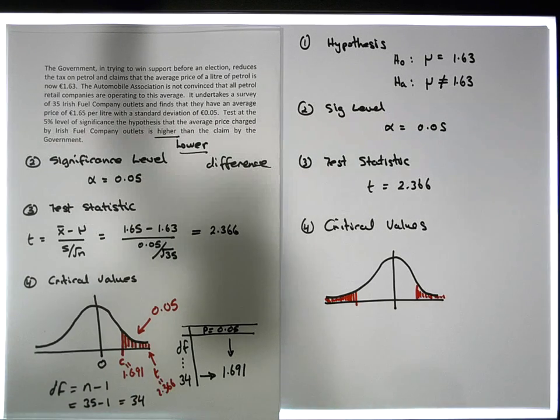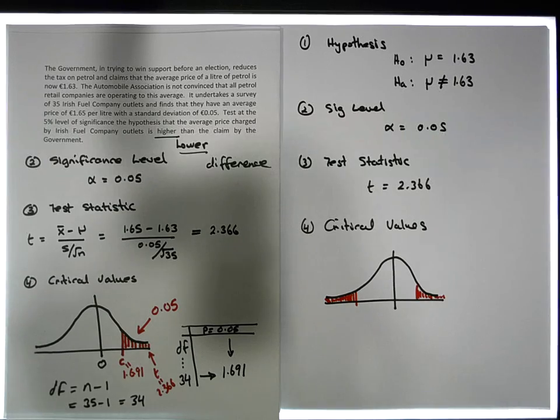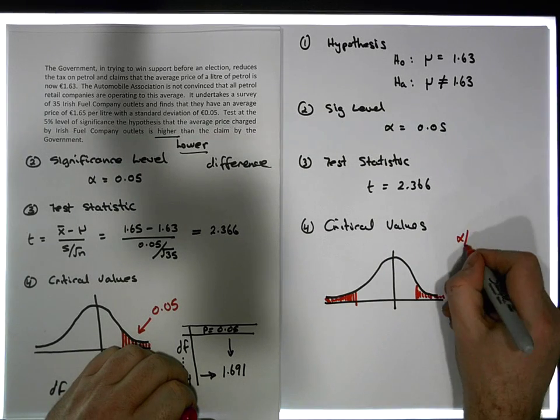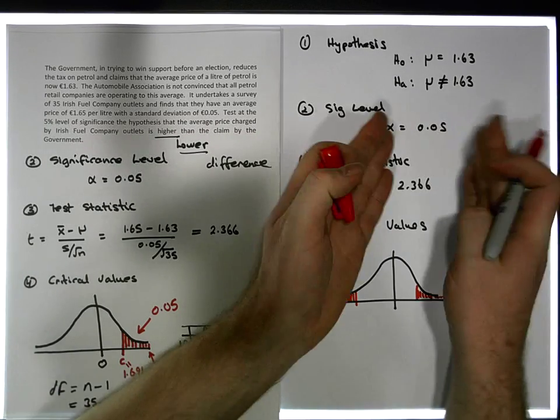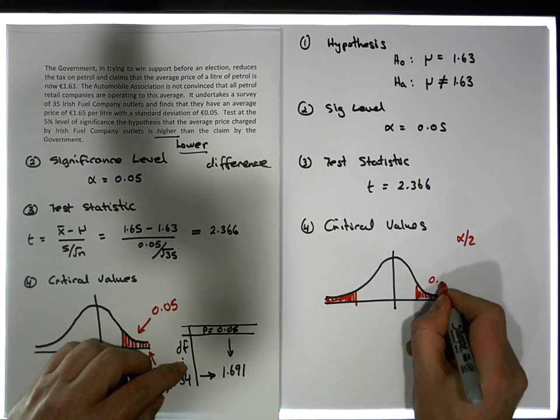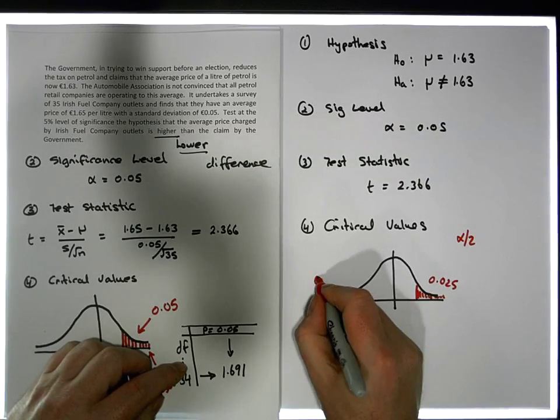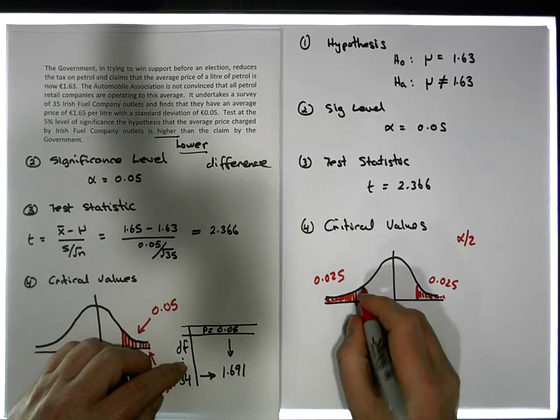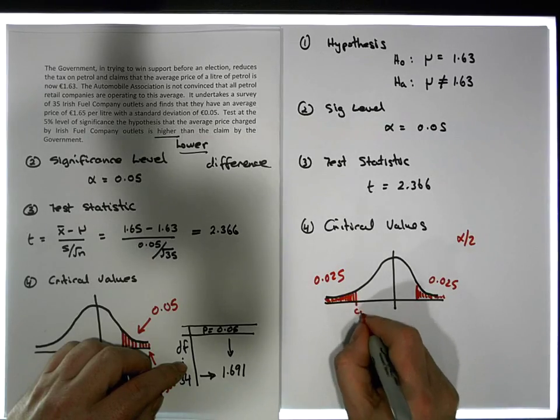So what we do now is take our alpha value and calculate alpha over 2. We split the alpha in half, half in the right tail and half in the left tail. So I'm going to put 0.025 in here and 0.025 of the area in here. The question now is, what's that critical value here and over here?